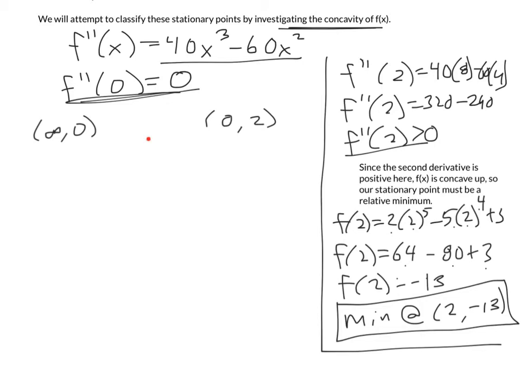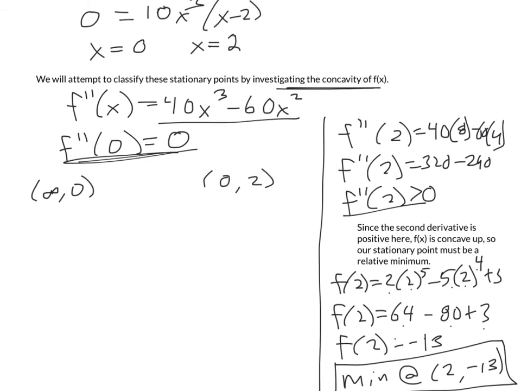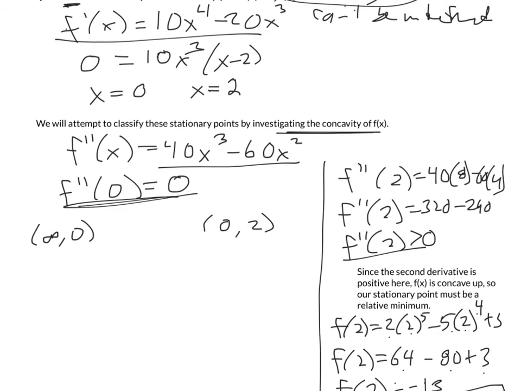So in order to classify the stationary point that I have here, I'm going to need to know what the first derivative was. So I'm going to go back up here just a bit so we can see this derivative. Remember, I like to use the factored version of it to do this, because all I really need to do here is pick a representative. I just need to do f prime of -1.